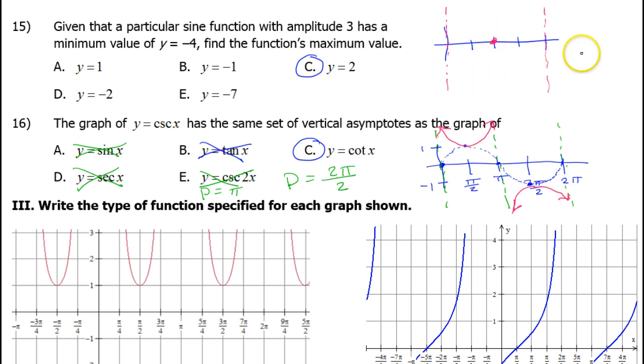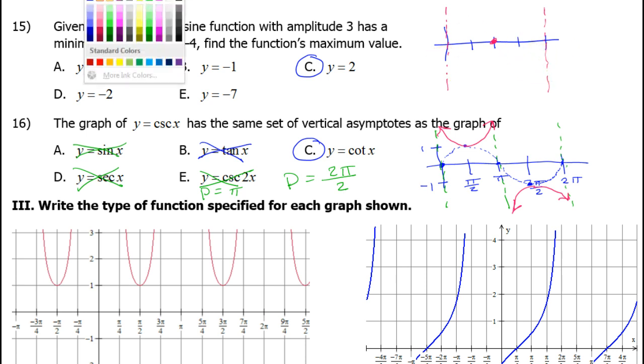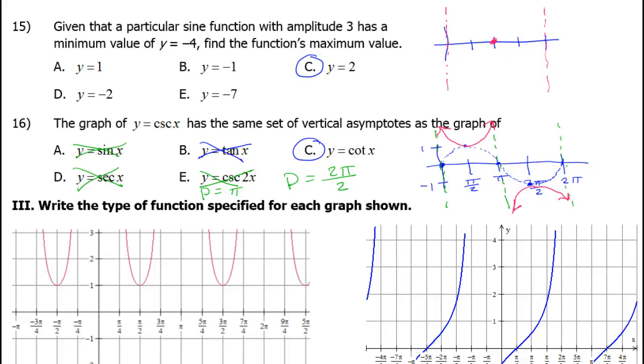Okay, so let's look at this. Again, cotangent has a period of pi. So this would be pi, and then this would be pi over 2. Okay, and pi over 4, and 3 pi over 4. And this is 0. So, notice we have an asymptote at 0. This has an asymptote at 0.